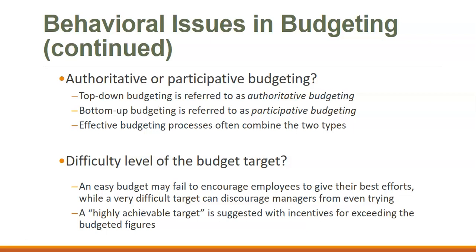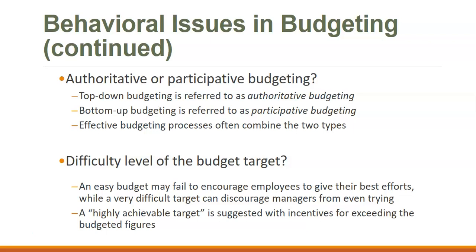We also might have a difficulty level of a budget target. An easy budget might not encourage employees to give their best efforts, while a very difficult target can discourage managers from even trying. If budget targets and goals are set so high that they cannot be attained, then employees will get discouraged and stop trying to hit them.